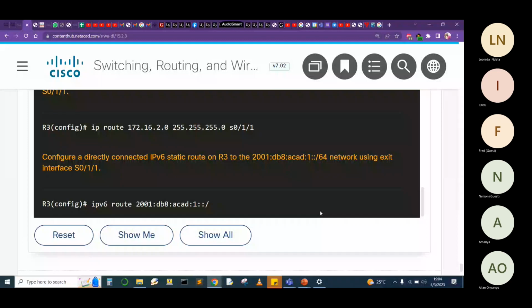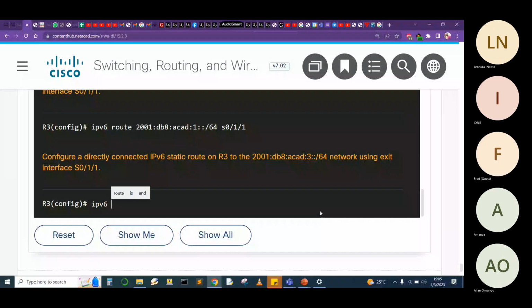Configure directly connected IPv6 static route on R3 to that network. The same thing, IPv6 route 2001:ACAD:3::/64, and the exit interface is S0/1/1, right?